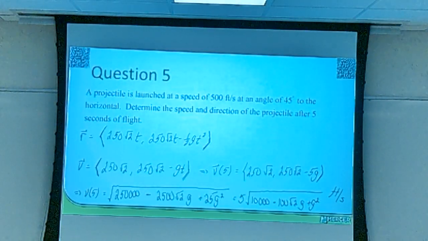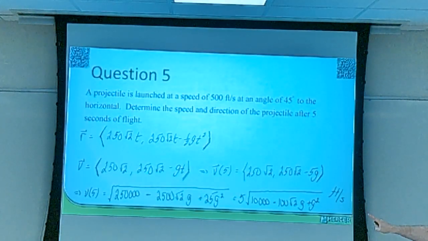And they want a direction too, right? Direction is going to be given by the y component of velocity over your x component, which can be simplified.